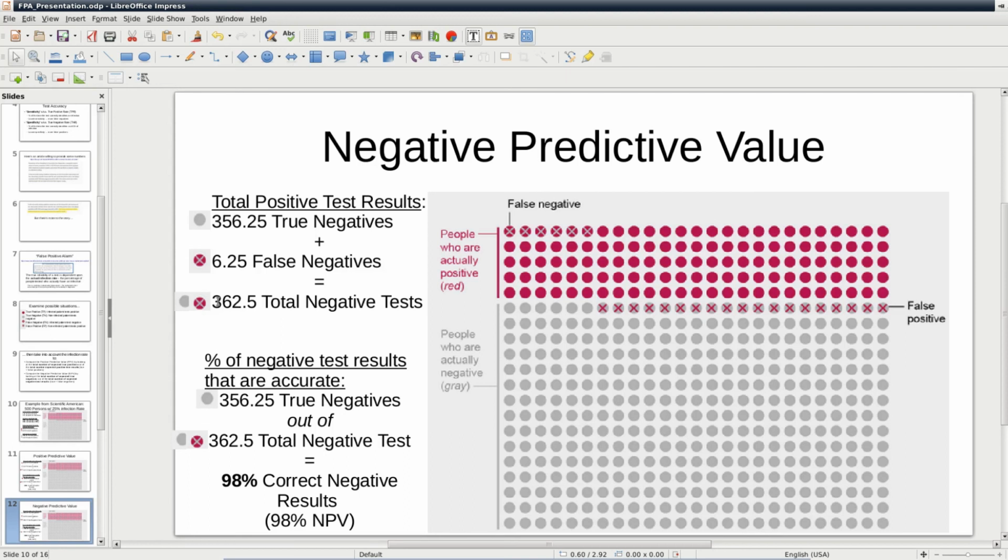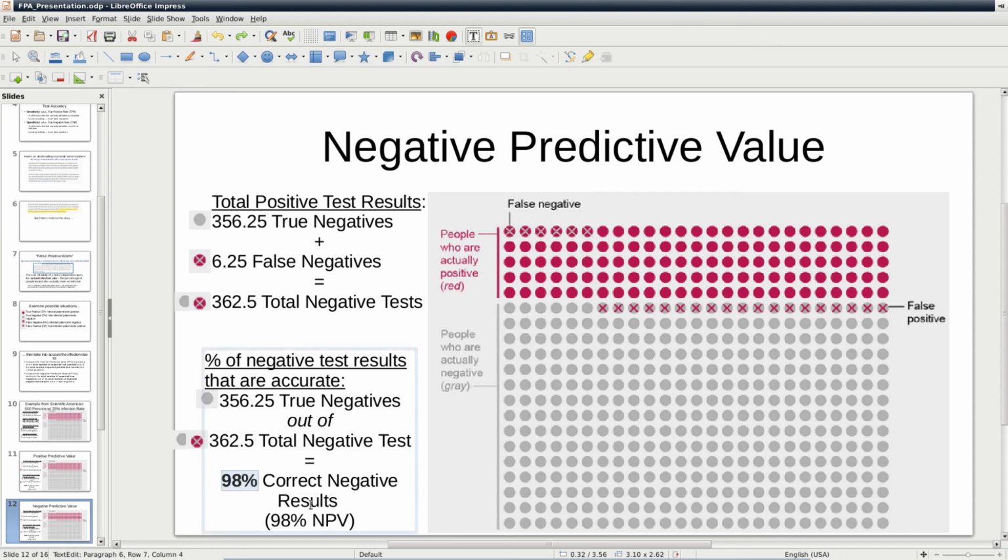Add those together, we got 362.5 total negative tests. So that's going to be these little red ones here, the ones that were positive but got a false negative, and also all the true negatives. So out of all of the negative tests, we had 356.25 true negatives out of 362.5 total negatives.